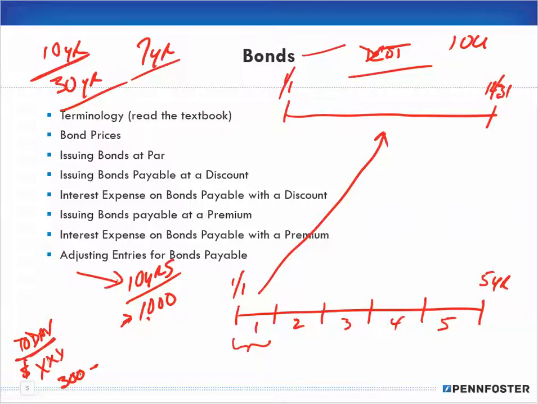The value that you pay today is based upon the present value. There's a present value calculation that gets performed in order to determine what the value of that $1,000 bond 10 years from now is today, and that's what you're going to pay.